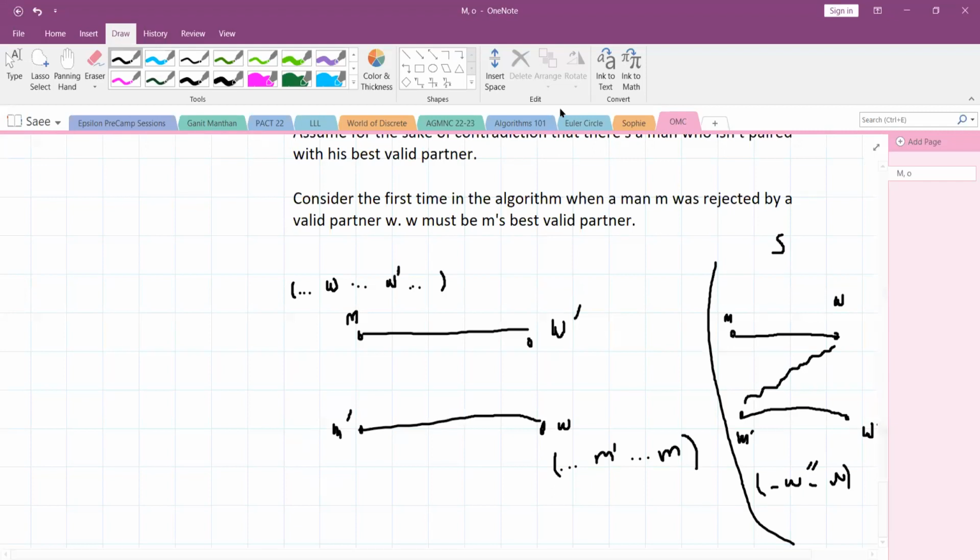Okay. It can be sort of hard to understand, but it's a pretty straightforward argument. If you just write down the preference list and try to contradict the assumption, it all works out very nicely.